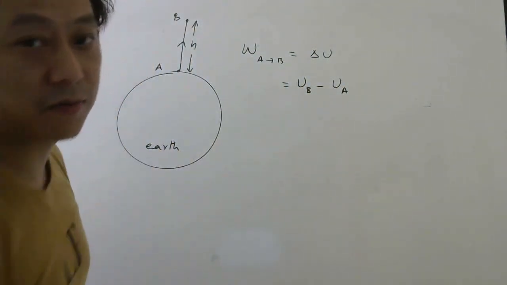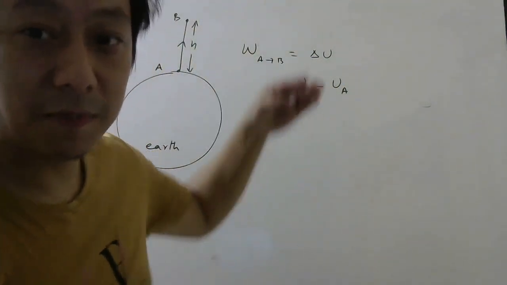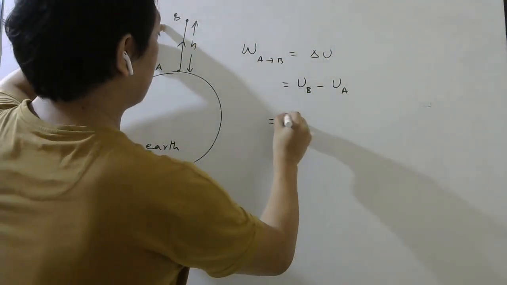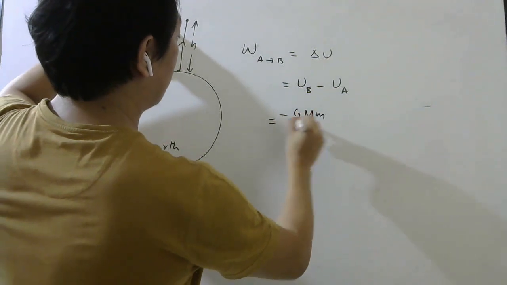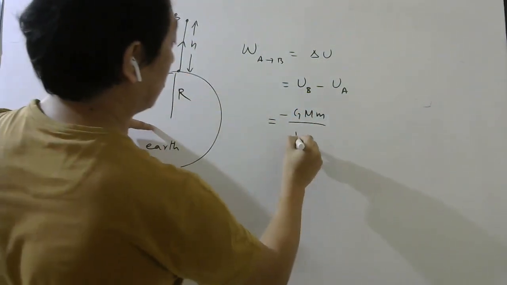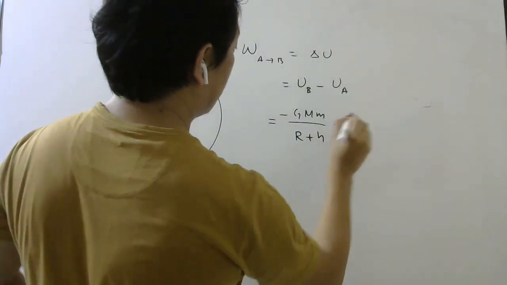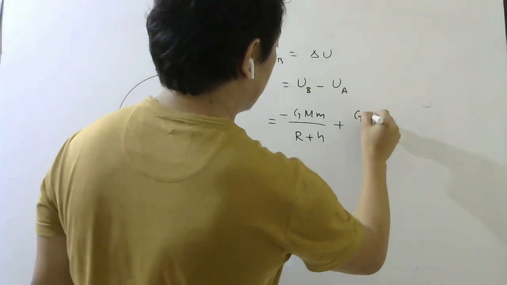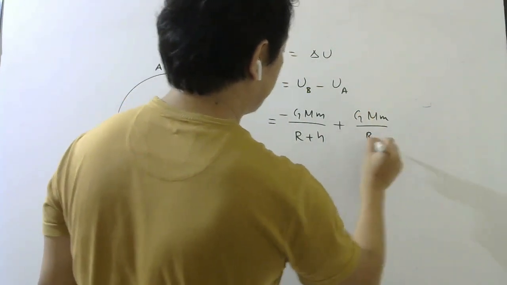Now there is a standard formula to remember, but let me show you how it comes. So UB is minus GMm by center to center distance. This radius is R, let's say, so this is R plus h. Minus potential energy when it is here, which will become plus GMm by R. Right?